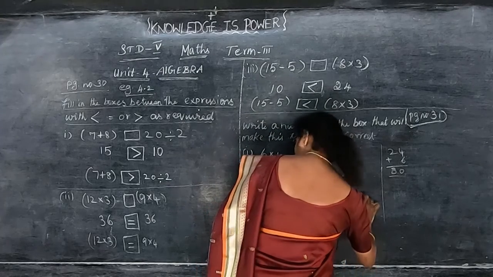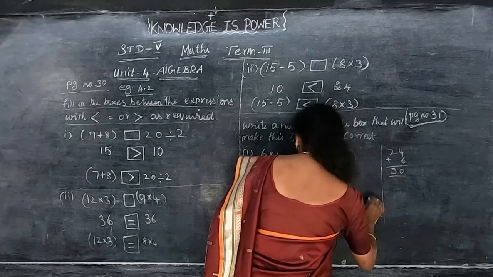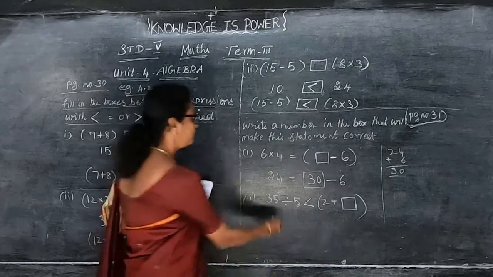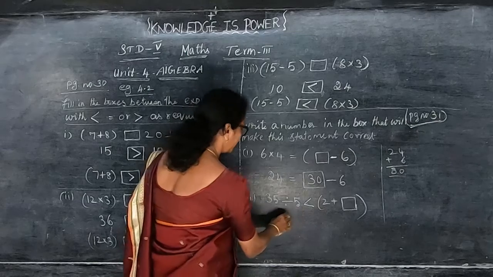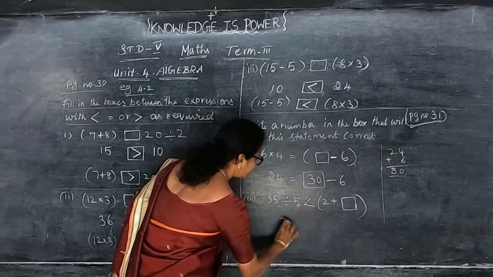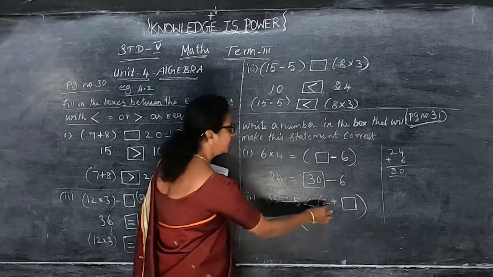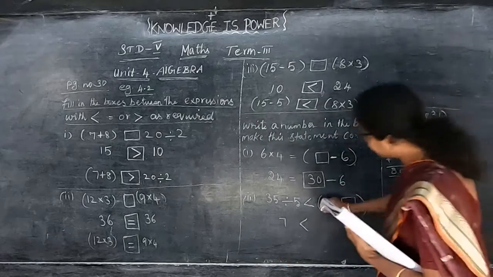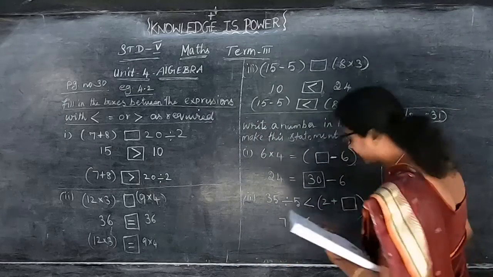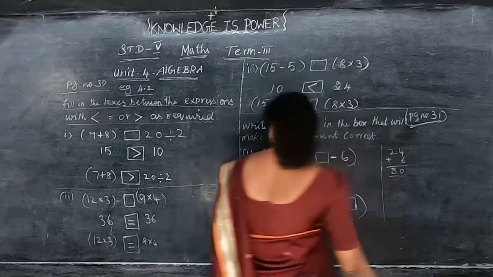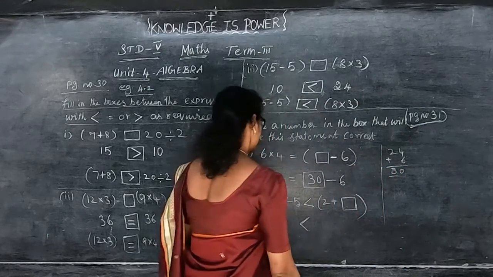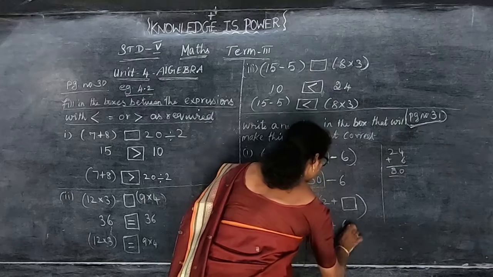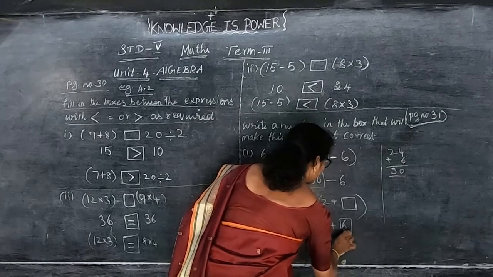Listen carefully. 35 divided by 5, how much do we get? 5 7s are 35. Less than 2 plus box is given. So how much should we add to 2 to be less than 7? You have to add what, 2 plus 6. 2 plus 6, that is equal to 8.